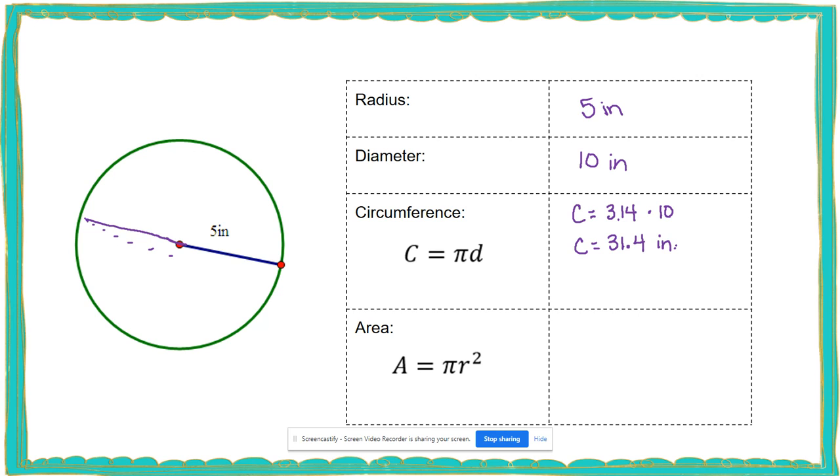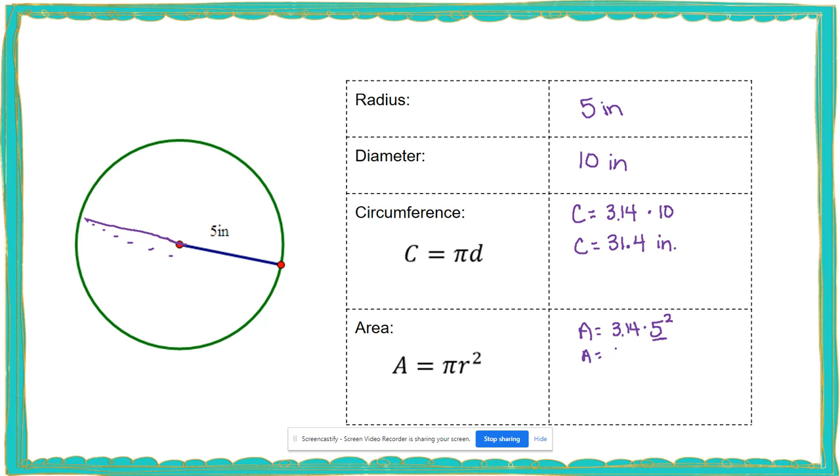Now I'm going to find the area of the circle. So to find the area, I always do pi times radius squared. So it's going to be 3.14 times, and I found that my radius was 5, so times 5 squared. Now the order of operations tells me that I would always do my exponents first, so I would need to do 5 squared, and 5 squared means 5 times 5.